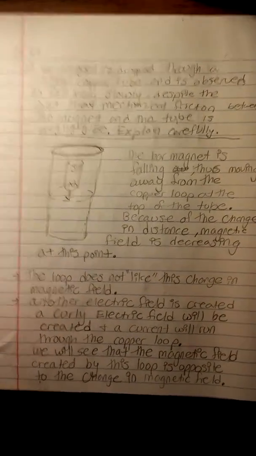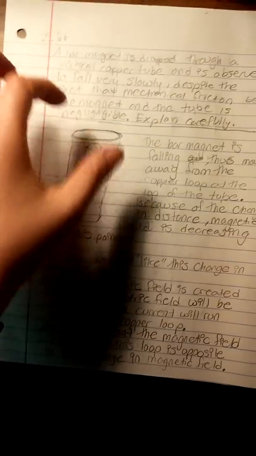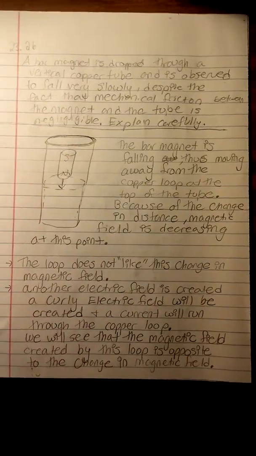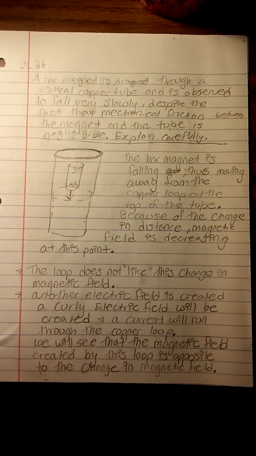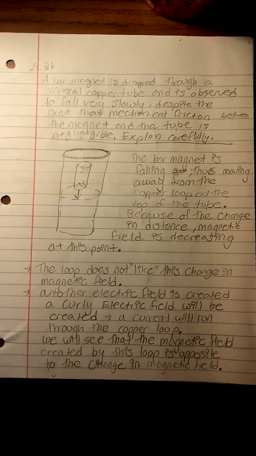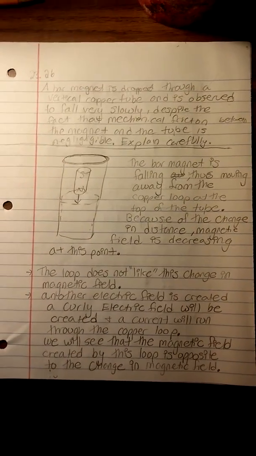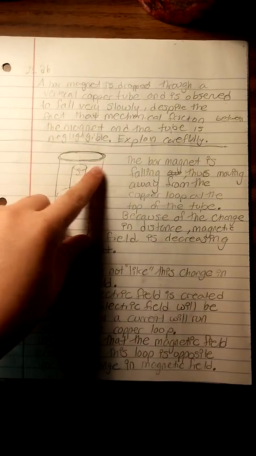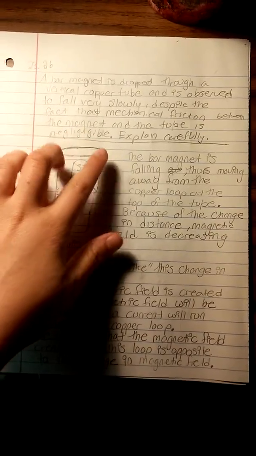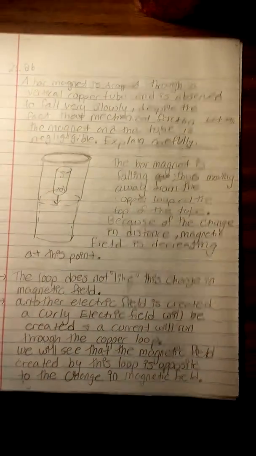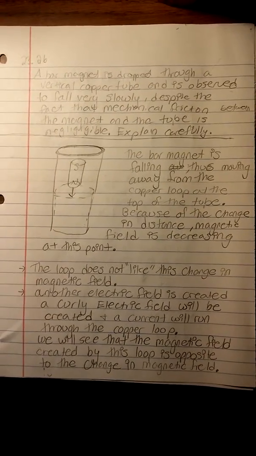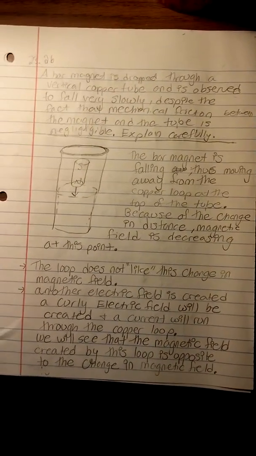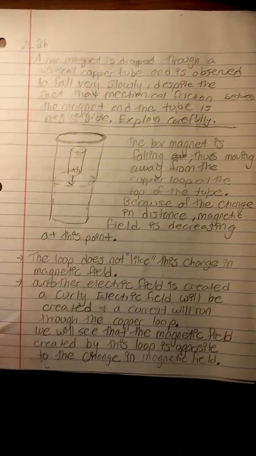The magnetic field at this first loop is getting smaller and smaller, and the change in magnetic field causes a curly electric field to occur on the loop. Now the loop doesn't like this change in magnetic field, and we'll see, it will try to counteract that change. So let's go look at that.